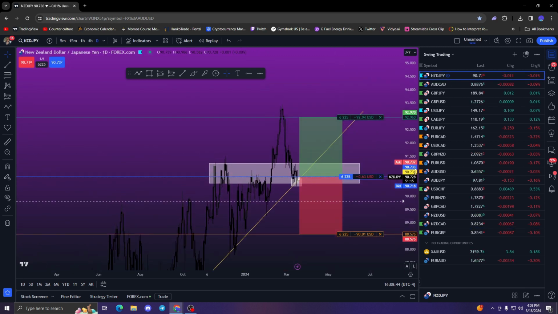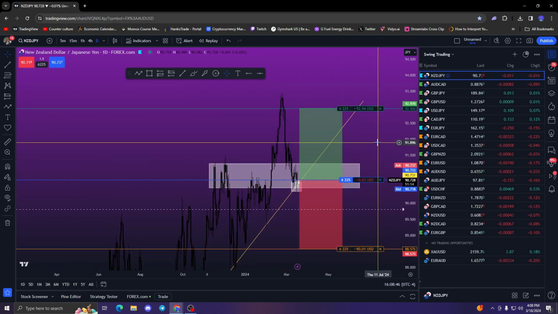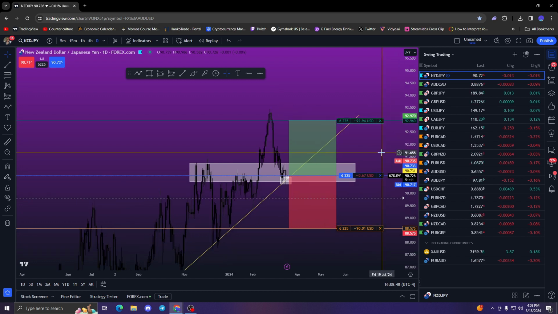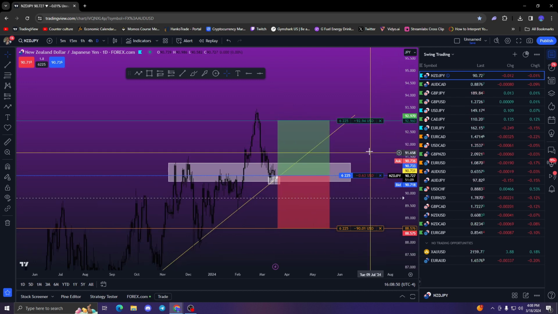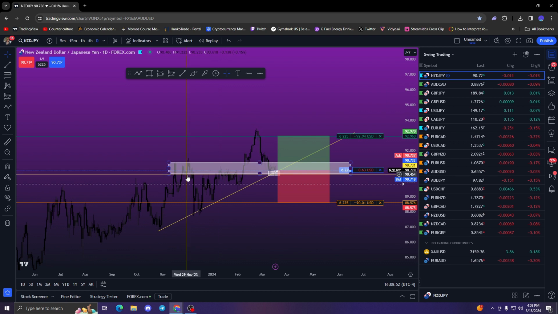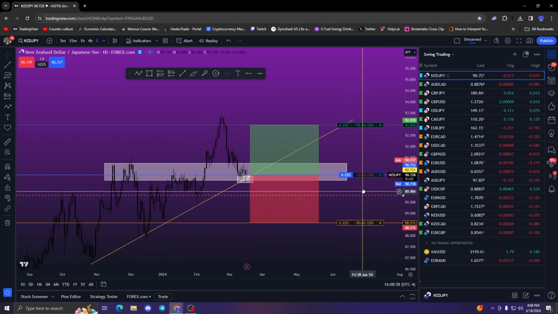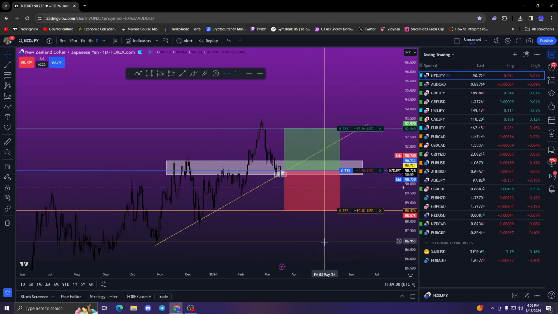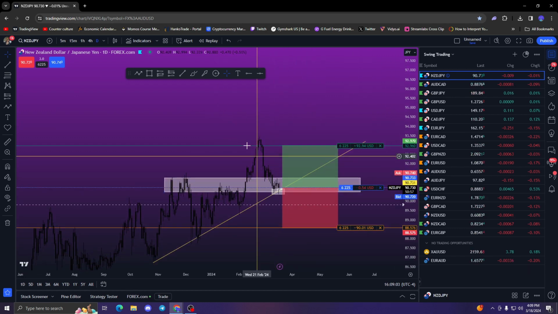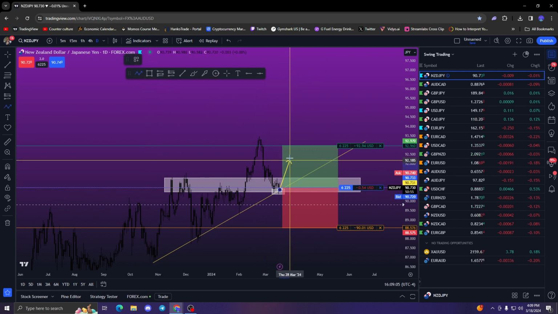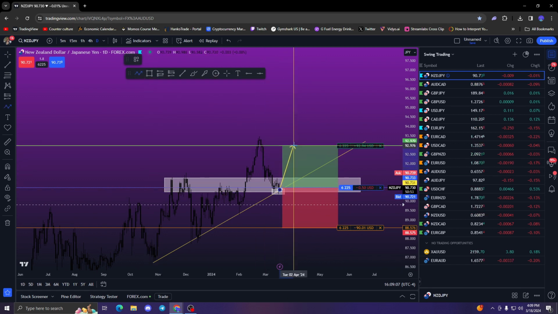The only trade that I'm in for this week right now is NZD JPY from the daily, and it's just a simple break and retest of the zone with price bouncing away. We're in a little bit of drawdown currently. That's okay. I still believe price will ultimately go up and hit my take profit.